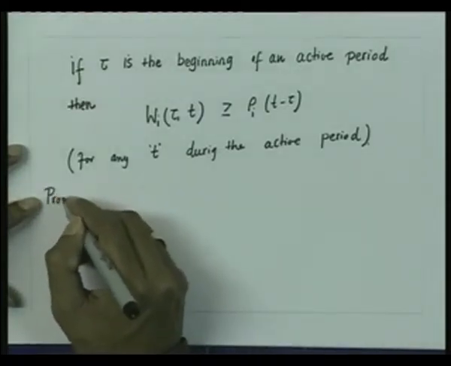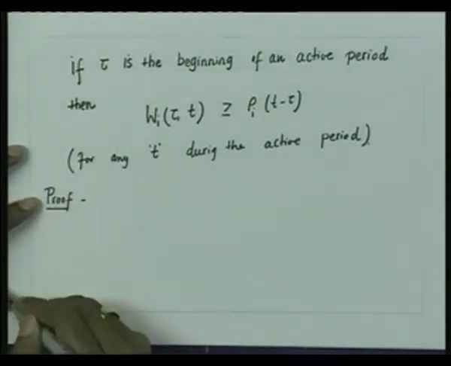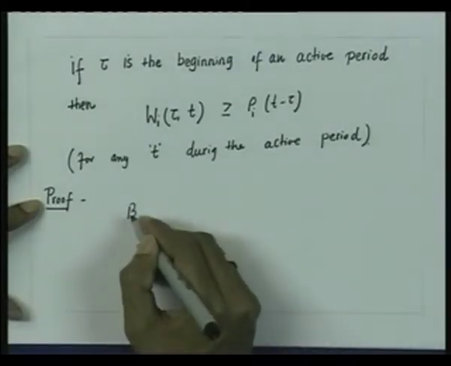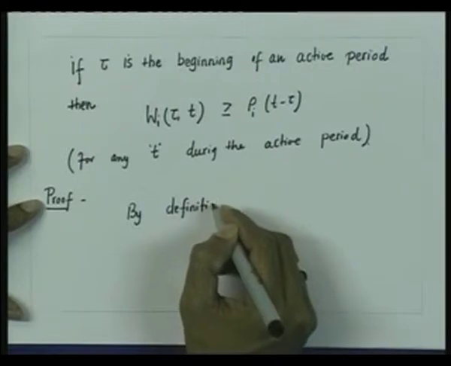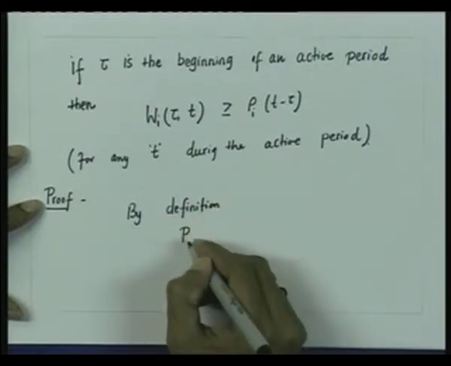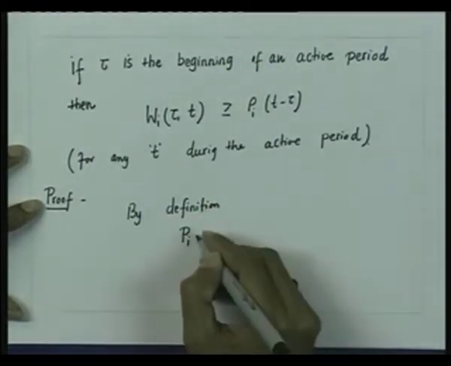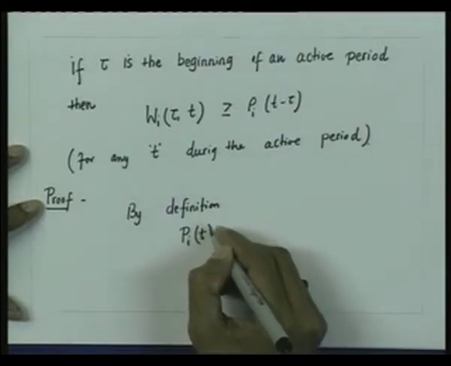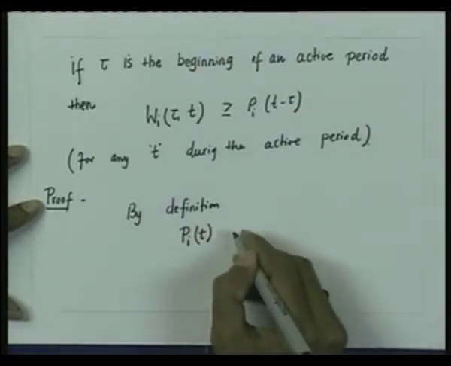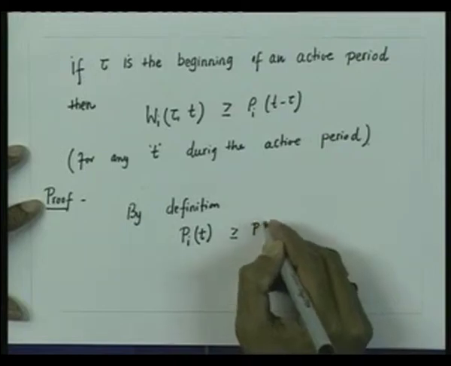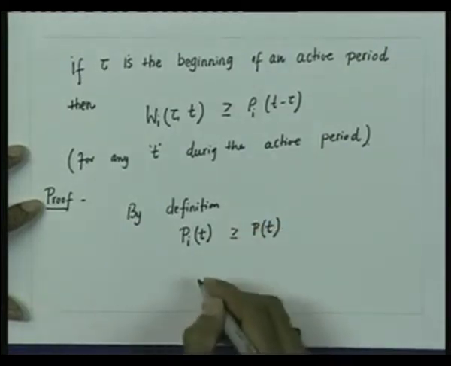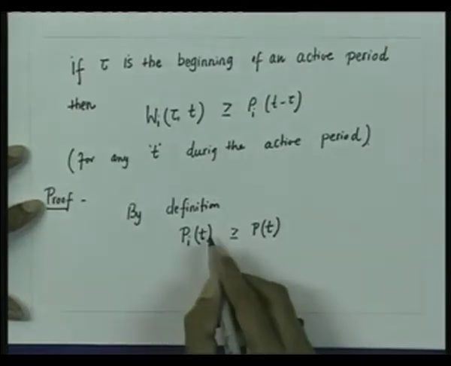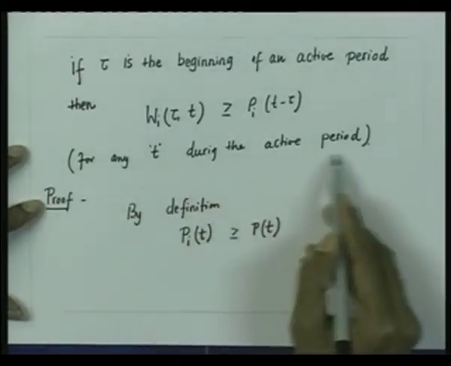I'll try to give a sketch of this proof. We know by definition that the potential of the session i will always be greater than or equal to the system potential at time t, where t is any time during the active period.